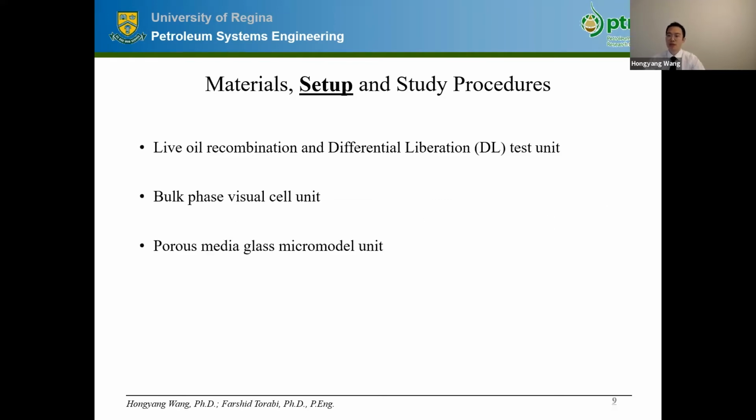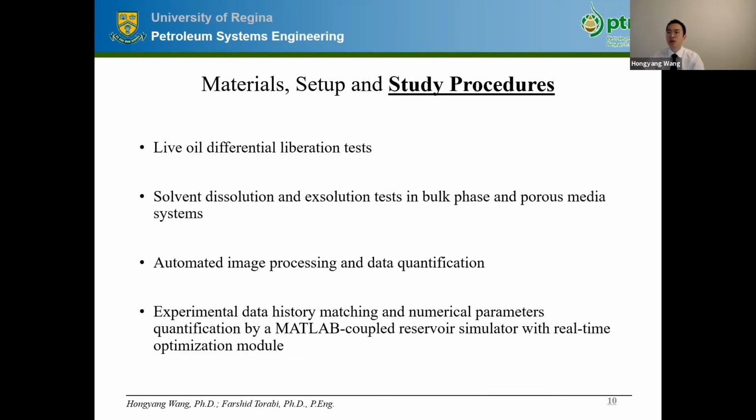For experimental setup, we have a live oil recombination and differential liberation test unit. We have a bulk phase visual cell unit, as well as a porous media glass micromodel unit. And the study procedures mainly include live oil differential liberation tests for equilibrium thermodynamic properties, solvent dissolution and exsolution tests in bulk phase and porous media systems.